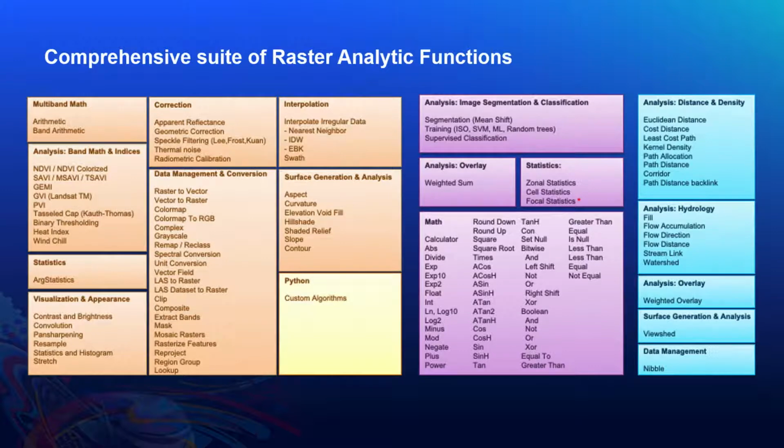And there are many raster functions and tools you can utilize in ArcGIS Enterprise to perform workflows such as data management workflow, arithmetic workflow to manipulate the pixel values by using a custom formula, hydrology workflows, distance and density workflows, and you can also compute vegetation index analysis workflows.